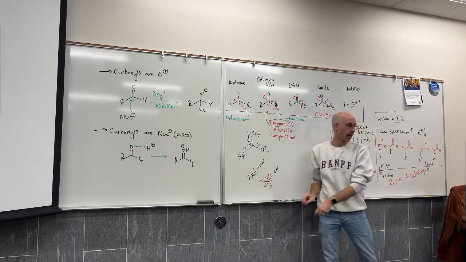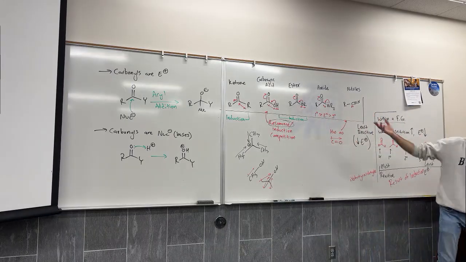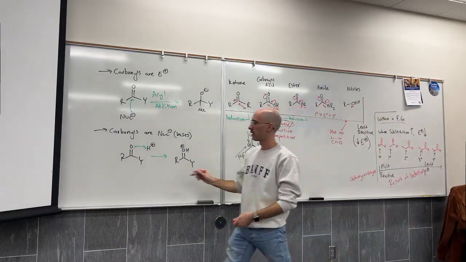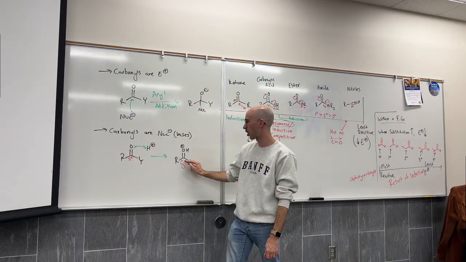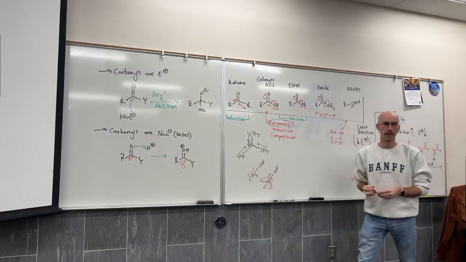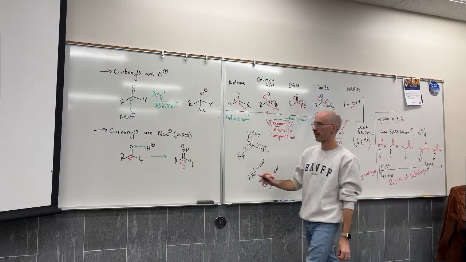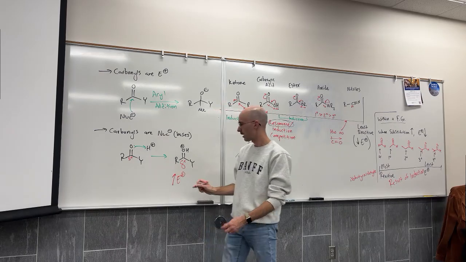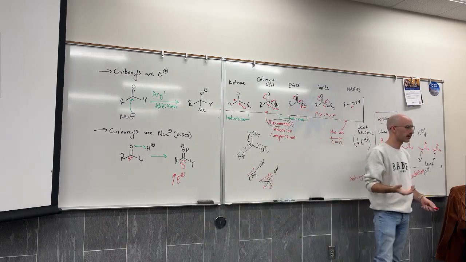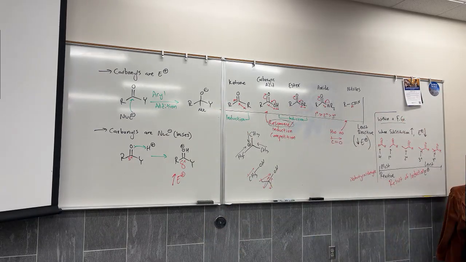The partial positive of a carbonyl, we've considered how to rank. But the partial positive of a protonated carbonyl is even stronger. This process increases electrophilicity. Anybody want to try and argue why this process increases electrophilicity?